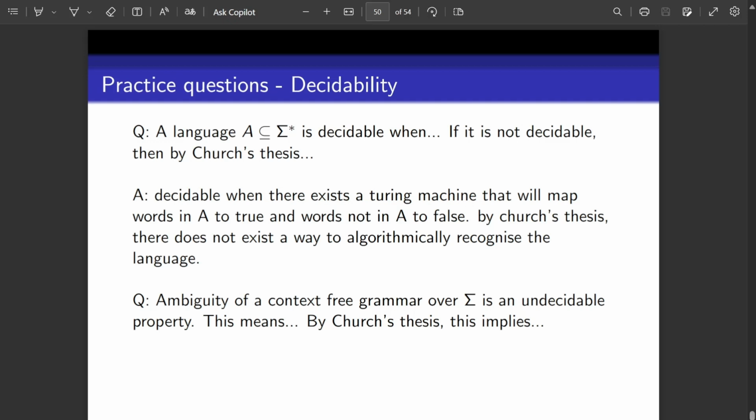It's pretty much the same answer, really. So no Turing machine decides it, and it cannot be solved algorithmically. Yeah, good.